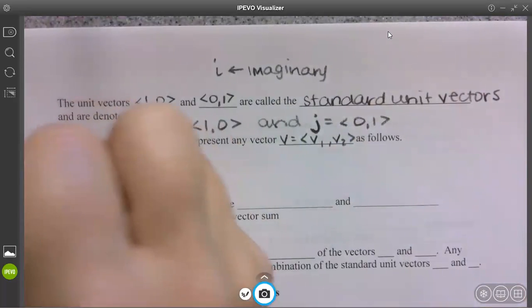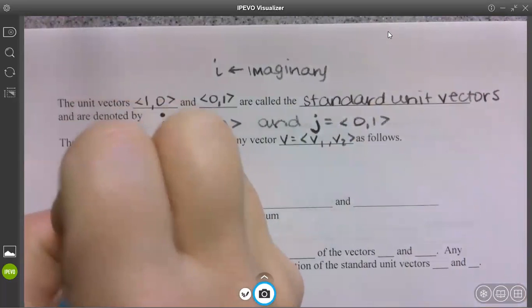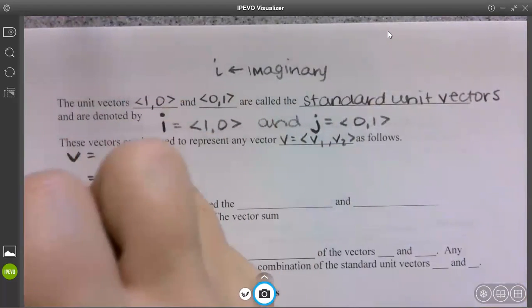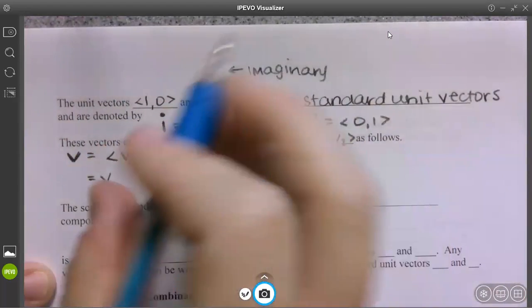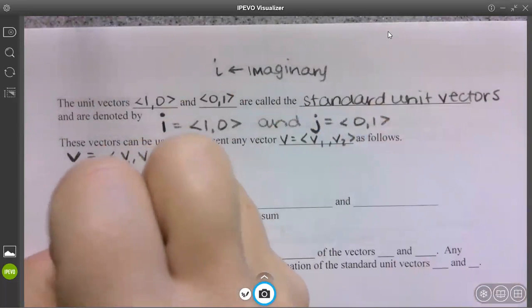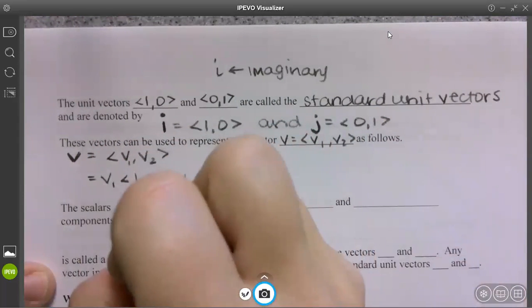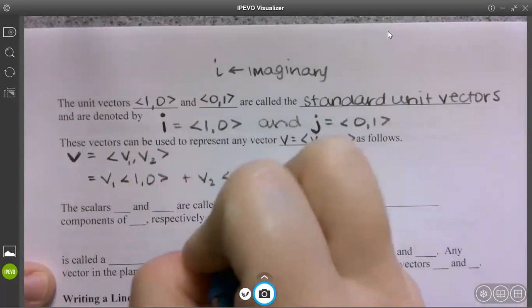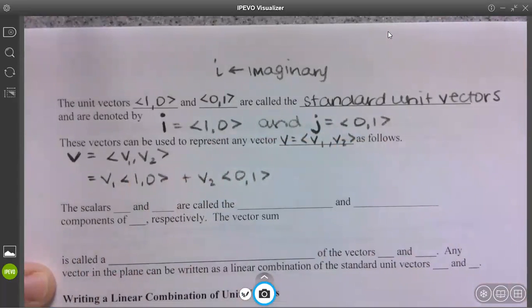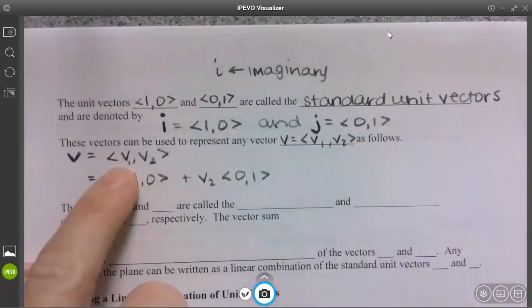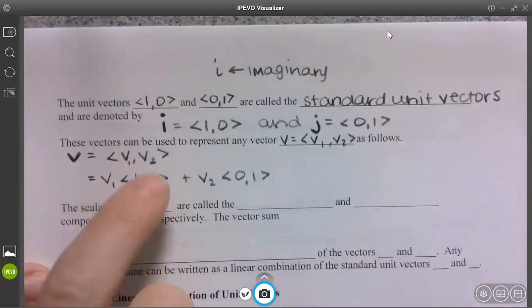So if we have vector V, that is <V1, V2>, then our V1 can be multiplied by <1, 0>, and multiplying by 1 does absolutely nothing, plus V2 times <0, 1>. V1 goes with the 1 because V1 is the x coordinate, so that's why our 0 is y.